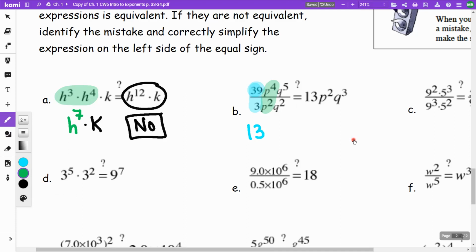I'm left with p squared on the top. So far, so good. Then if I'm looking at my q to the 5th over q to the 2nd, I can cancel 2 q's from top and bottom, and I am left with the power 3. So this one is yes. Those are the same.